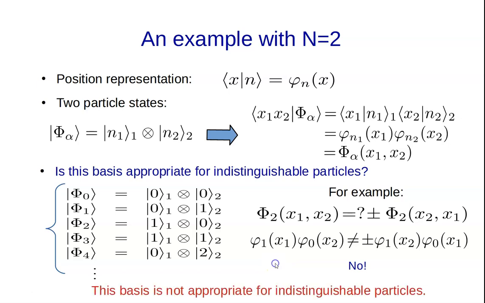And that means that this basis is not appropriate to describe indistinguishable particles. And that's a problem, because if my Hamiltonians are for indistinguishable particles, I should get base states that would allow for that, at least, right?